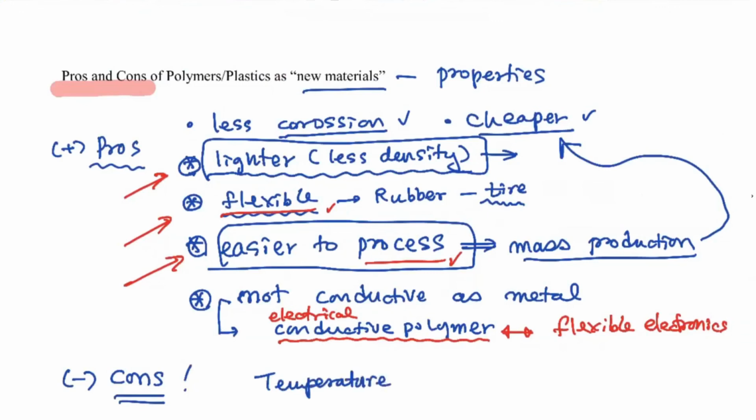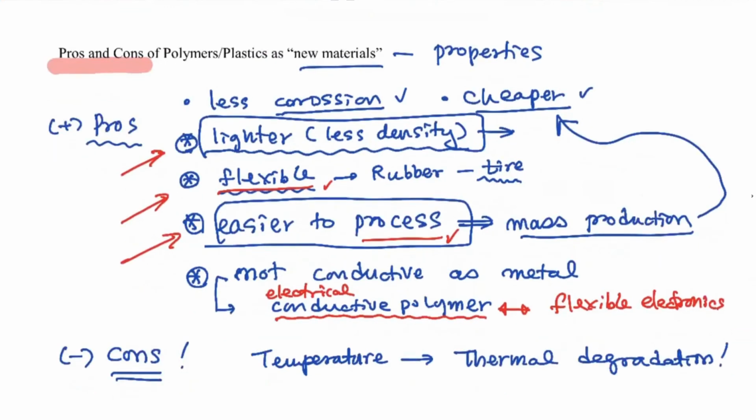So eventually it will melt, but I argue that, to me, thermal degradation is a main problem of the polymer as a material, because we cannot use it for high temperature applications. But there is what is called the inorganic polymer, to be made into ceramic precursors.